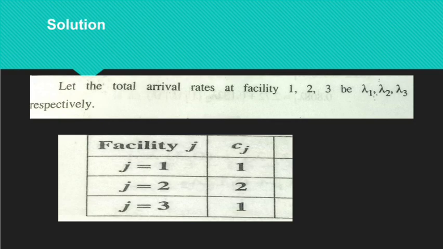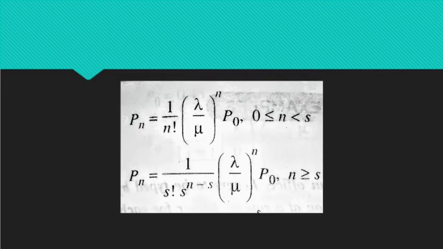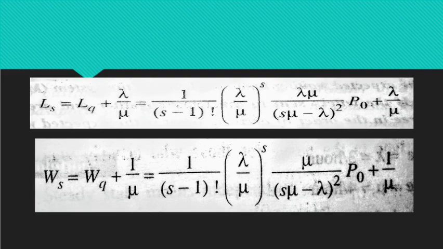So here in facility 2 we have to use the multiple server model. There we have to use the particular formulas: probability that n customers arriving, average number of customers in the system, and expected time a customer spends in the system, WS. These are all the formulas we have to use.